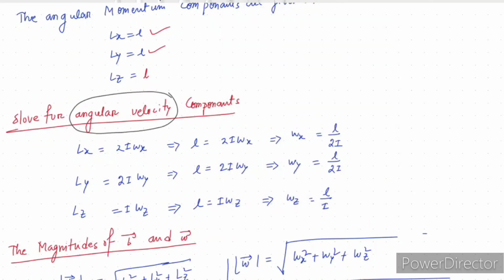As you know, Lx equals 2I omega x, so omega x equals L upon 2I. Similarly, omega y equals L upon 2I, and omega z equals L upon I. So these are the angular velocity components.